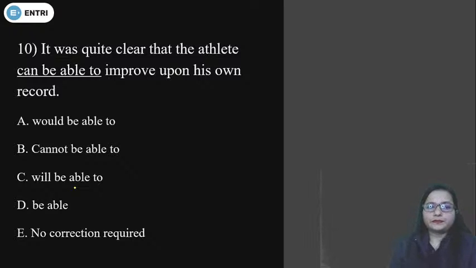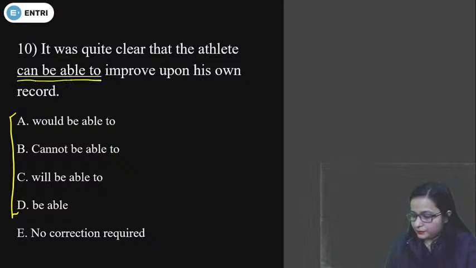So here, what should you choose for the replacement of this underlined phrase? Please let me know in the comment box what you would choose for the replacement here.